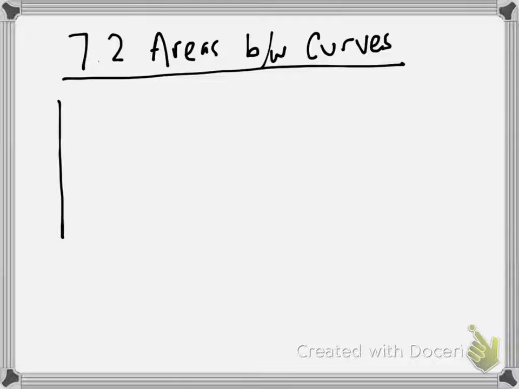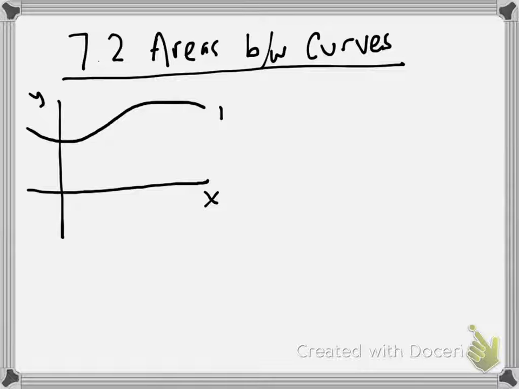If we had our x and our y axis, and we have two functions, one function is going to look like this, and that's going to be our function f of x.